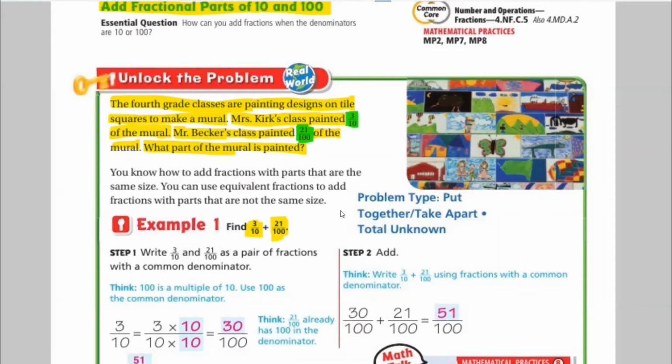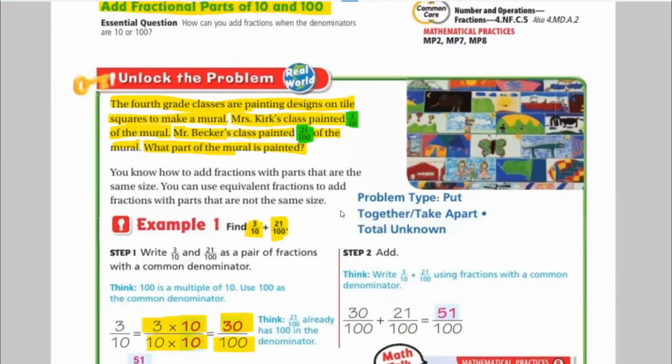So you should have the same denominator by multiplying 10 by 10, and that we are gonna do here. So we multiply 3 by 10, which is 30, and 10 by 10 equals 100, because as we do down, you have to do the same up, right? So that's our new fraction that we're gonna use to add, 30 over 100.